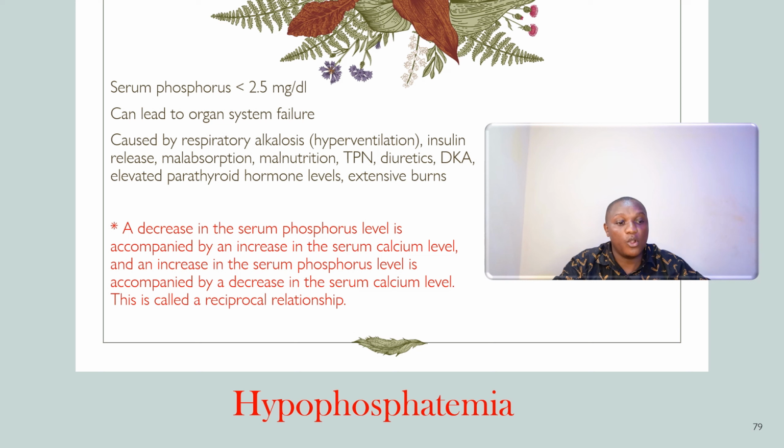This can lead to organ system failure, and it's usually caused by respiratory alkalosis, that is when there is hyperventilation, insulin release, malabsorption, malnutrition, total parenteral nutrition, diuretics, DKA, elevated parathyroid hormone levels, and extensive burns. That's where we have hypophosphatemia.